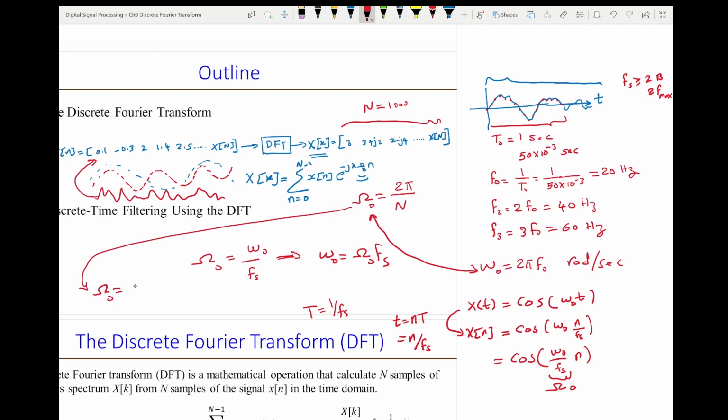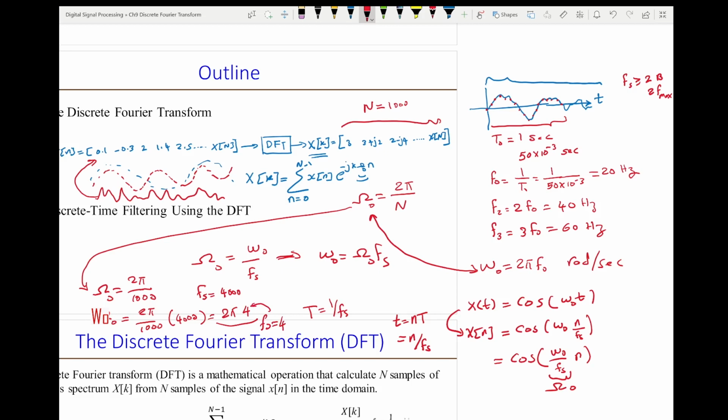Just to give you a numerical example, if the fundamental is 2 pi over 1,000, N is 1,000, and I told you the sampling rate is 4,000, then omega 0 will be 2 pi times 4 radians per second, or f0 will be just these 4 hertz, 4 cycles per second.